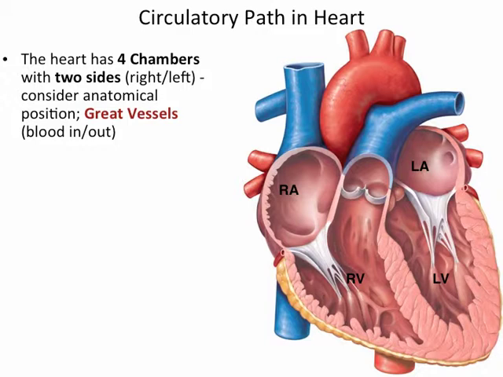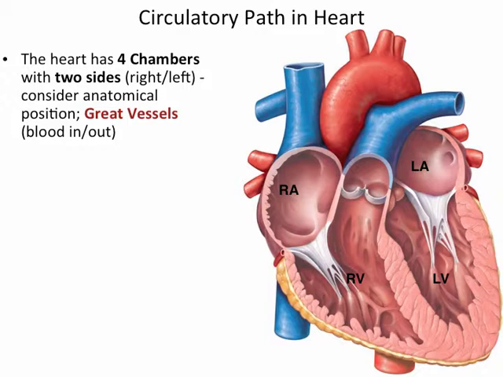And then there are the great vessels coming out of the heart. The major red blood vessel in the cartoon is the aorta. The blue blood vessel coming out of the right ventricle is the pulmonary trunk, and the pulmonary trunk morphs into pulmonary arteries.